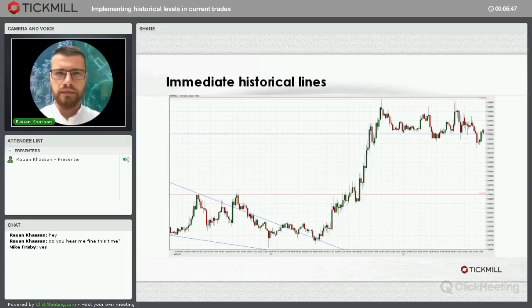In this current example, you may notice that the peak of 1.0968 corresponds to an intraday high of Tuesday, yesterday's trading, and this line worked effectively as a static resistance during the start of today's European session around 6:30 a.m. The price has stopped just 2 pips below the previous static line at 1.0966, and this is basically the description of an immediate line.